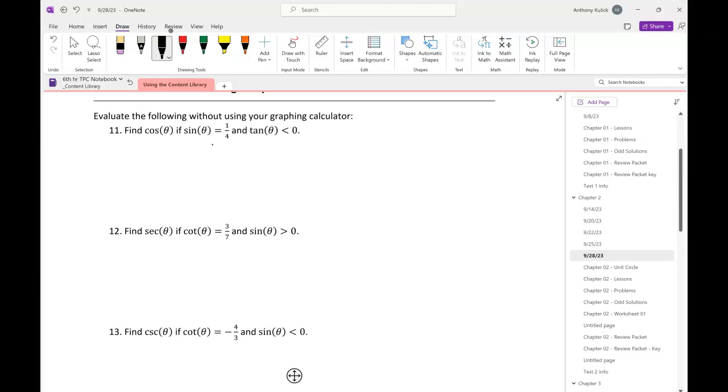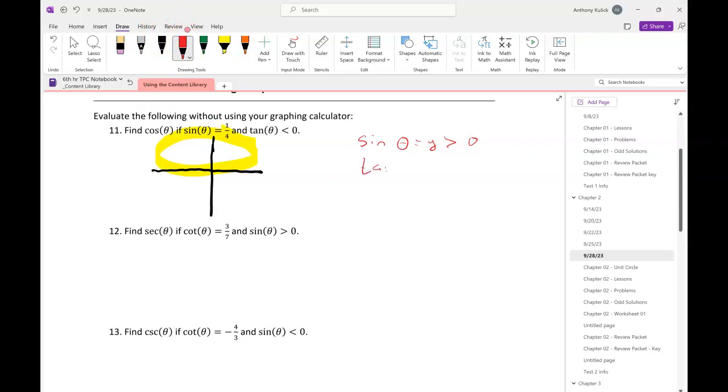So I'm going to start by drawing a picture. And I know that sine is y. We know that 1/4 is positive, so the y has to be positive. So I know that I'm looking at either quadrants 1 or 2.